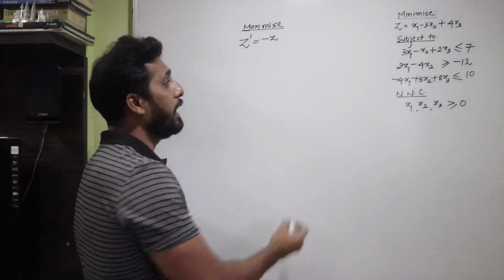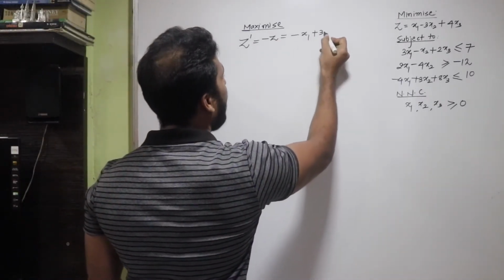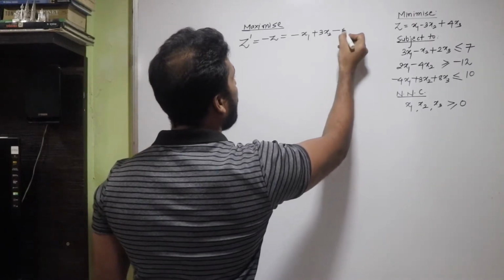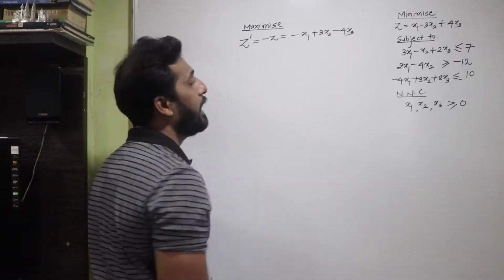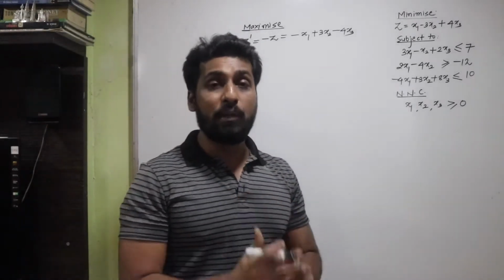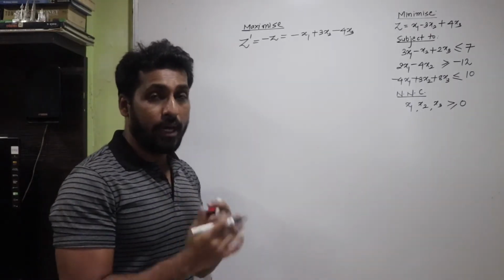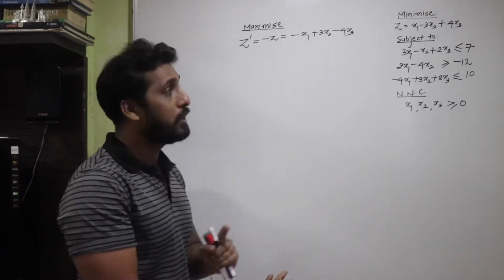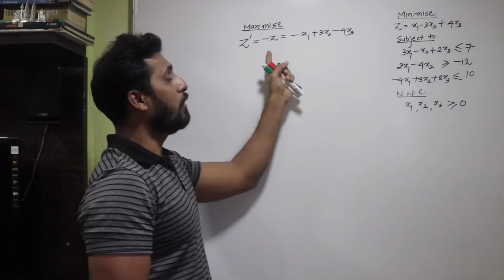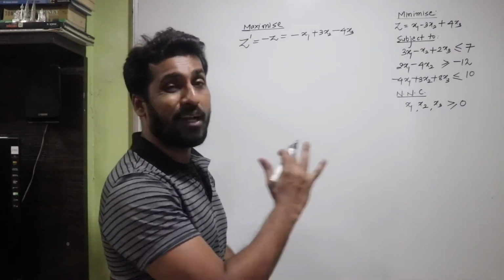So minus of z would become minus of x1 plus 3x2 minus of 4x3. So that's my objective function now. I have transformed the minimizing function into a maximizing function, and it can be easily done by adding a negative sign on both the sides. So z dash equals minus of z, and I have changed the sign of all the terms on the right hand side.